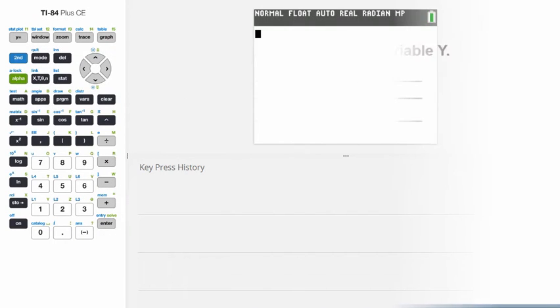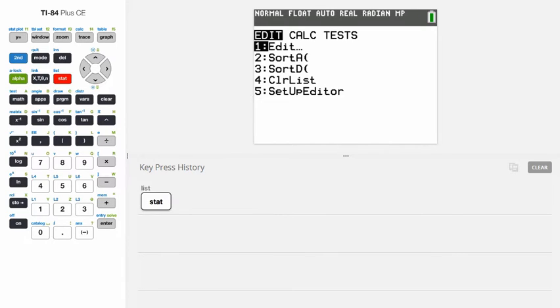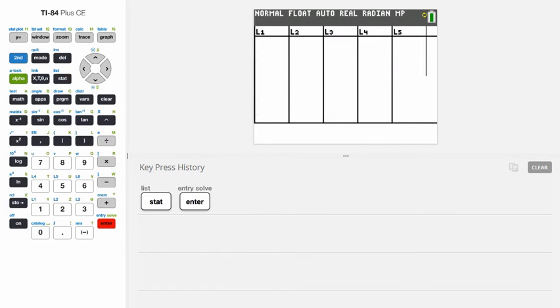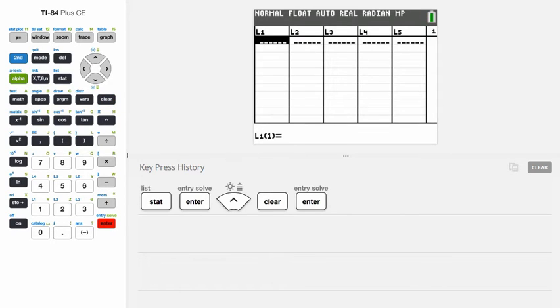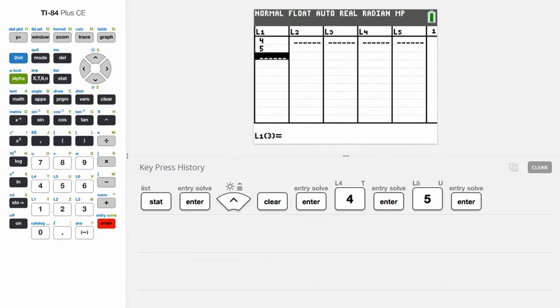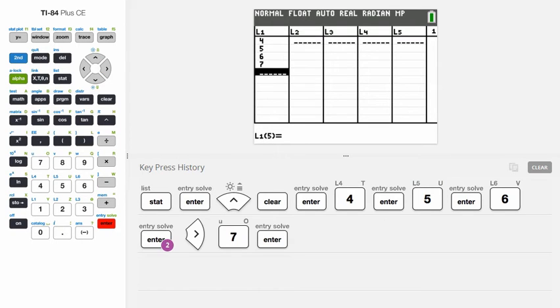Going to our calculator, the first thing that we want to do is go to Stat, choose Edit. I'm going to arrow up and clear any data. Now I want to type in my data for y, which was 4, 5, 6, and 7.